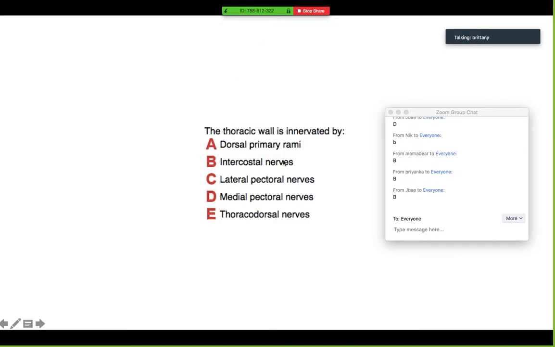How could I change B to also make a correct answer? Like, what could I put in place of B to also make it correct? 3 words.